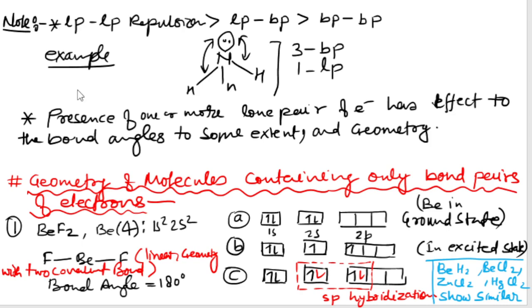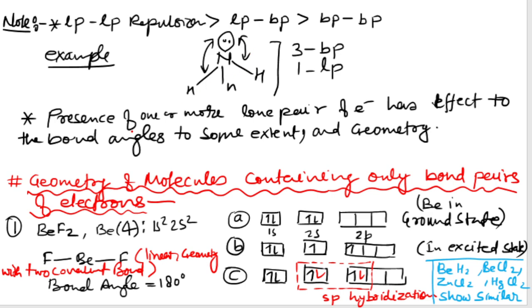Now here is the most important point, the order of repulsion. The repulsion of lone pair-lone pair is higher than that of lone pair-bond pair, and the least is bond pair-bond pair. As you can see, these examples have one lone pair, so repulsion takes place from the lone pair to the bond pairs.